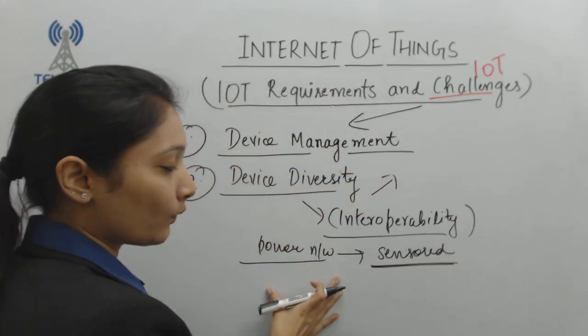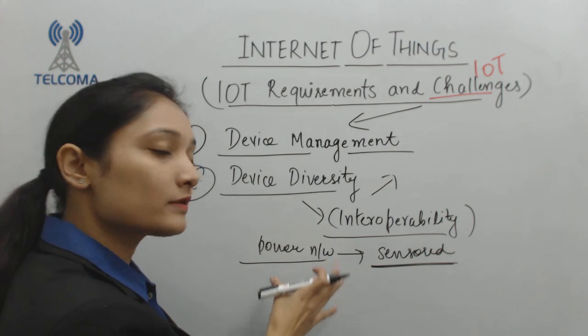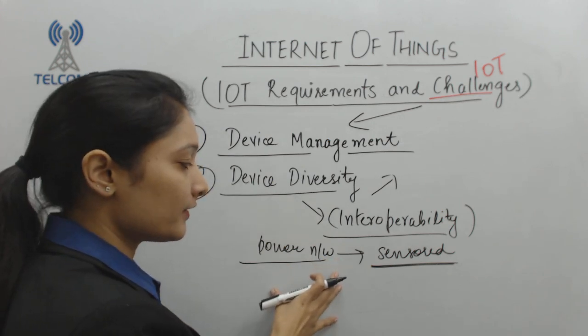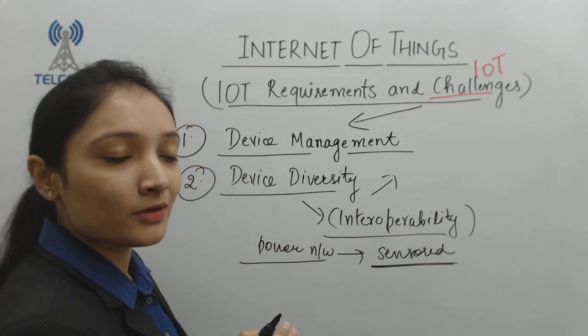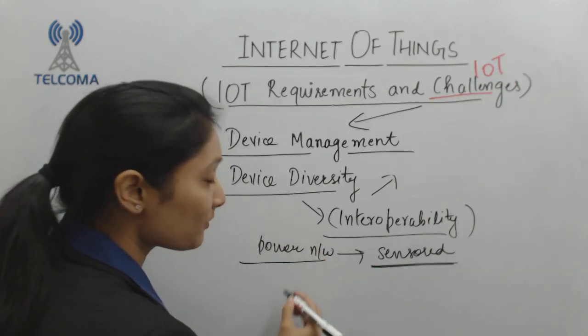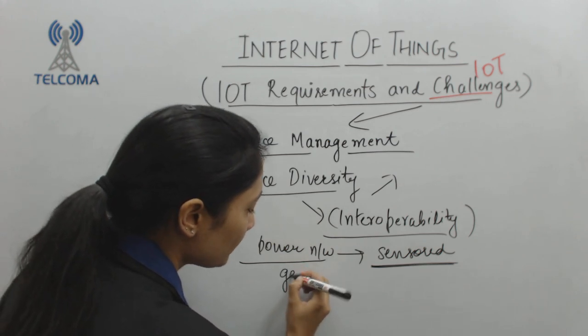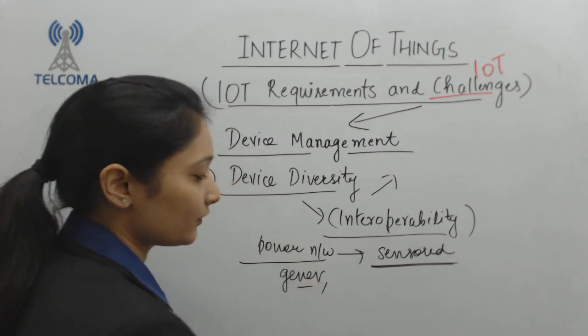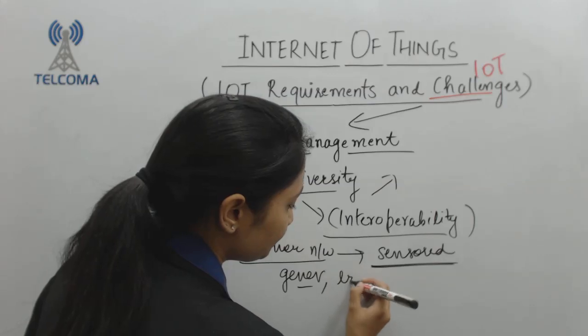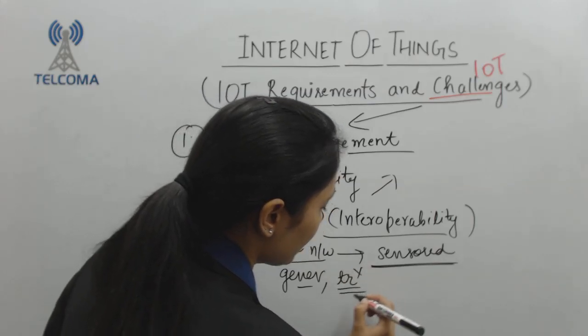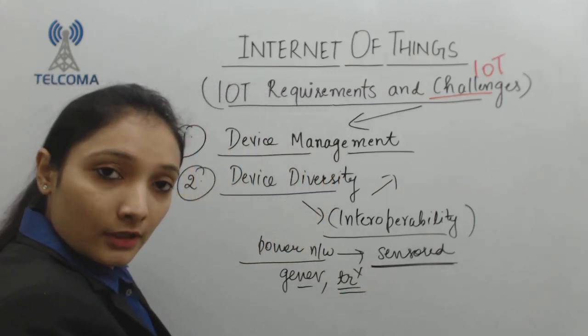So this power network for a particular city should be monitored here in real time. Now, what it will imply is that it will be using a different number of sensors for different kinds of processes, like different sensors for your generation, then different sensors for your transmission.